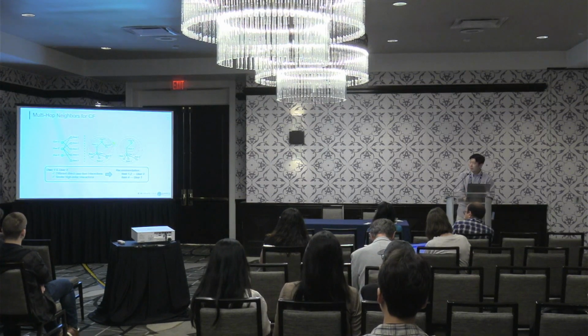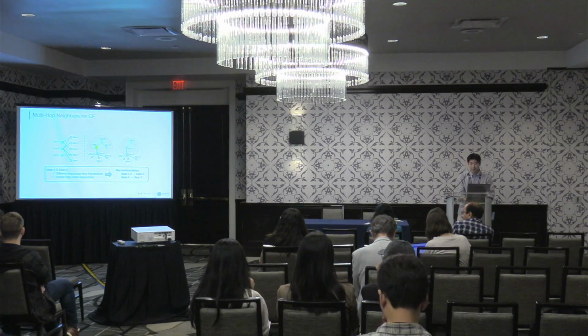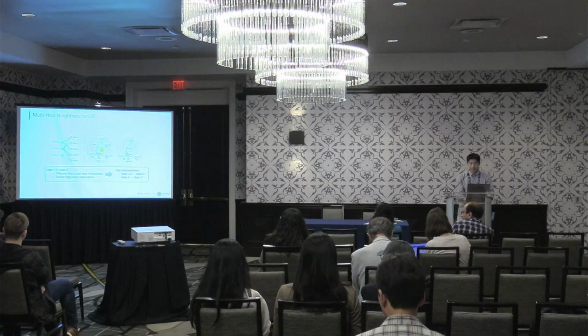On the right is an example of the high-order interactions for user 1 and user 3. For user 1, we can find the first-hop, second-hop, and third-hop neighbors. Furthermore, these two users have different direct user-item interactions, but they share similar high-order interactions.